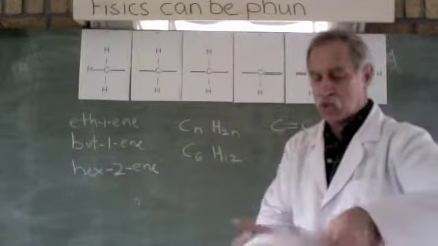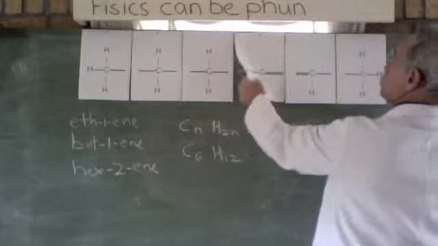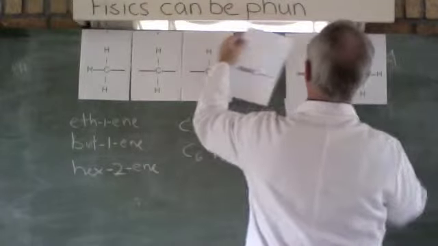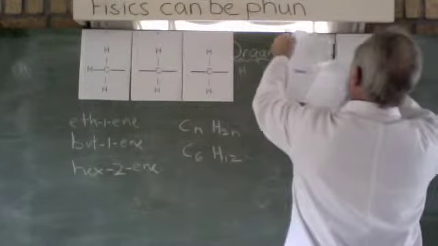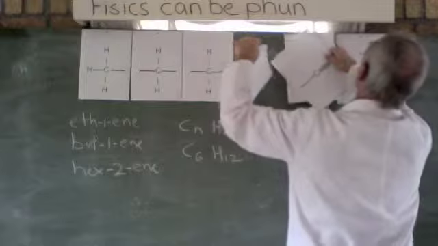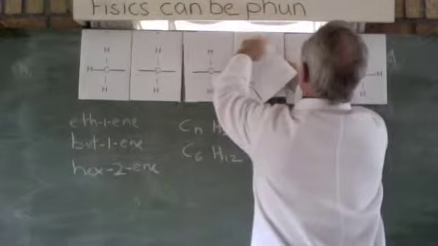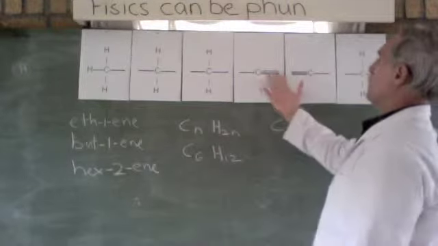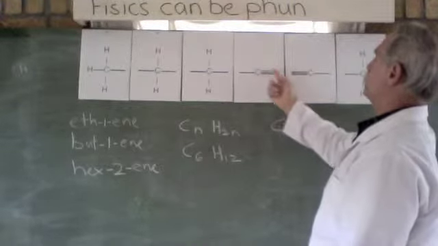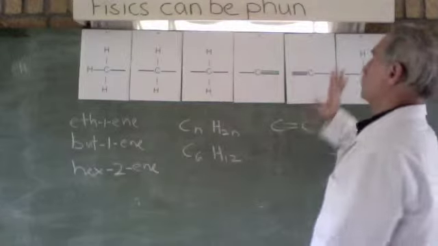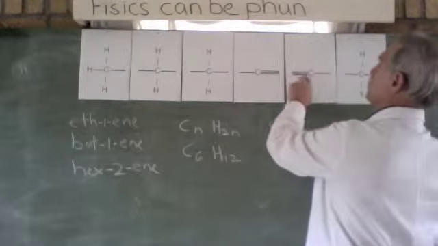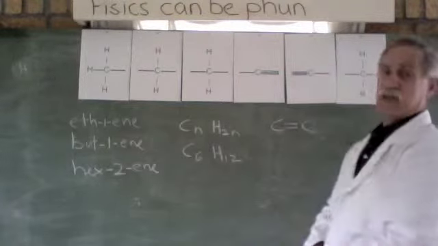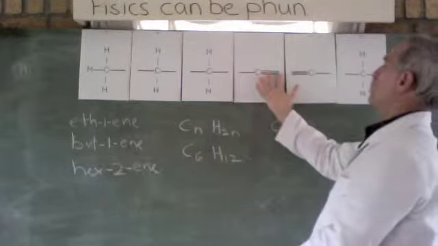Now, let's go to the alkynes. Let's do them together here. I'm going to simply change this, substitute that for that, and this for this. So now we are looking at the alkynes. Triple bonded, they're also unsaturated. Remember, unsaturated means not just single bonds, we have double or triple bonds.